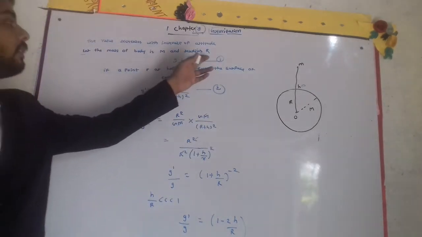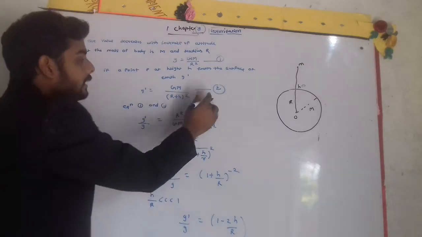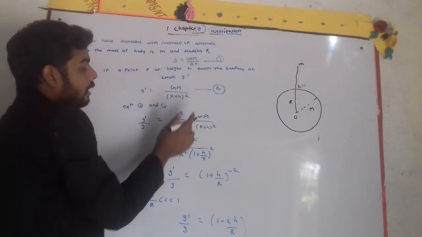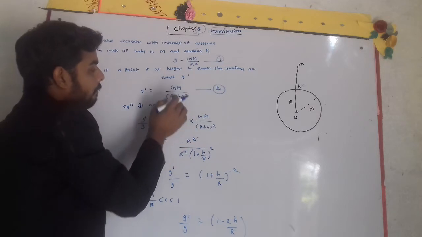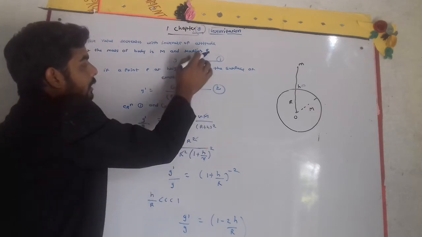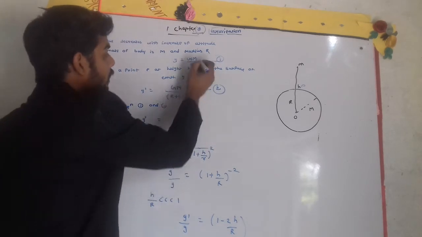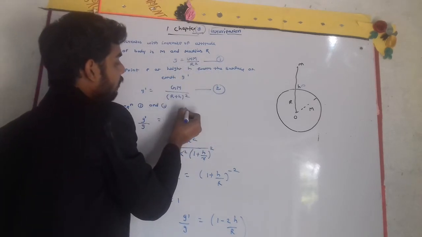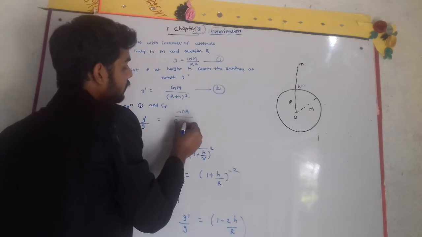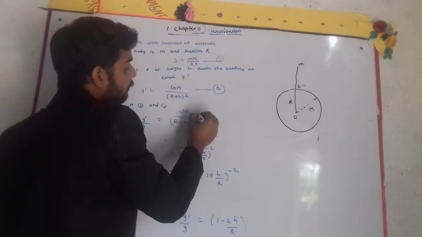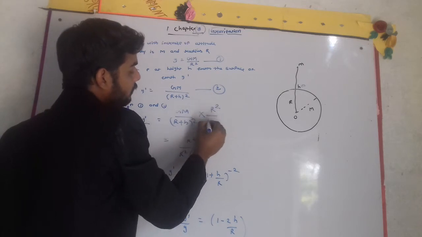Then by equation first and second, equation second is divided by first. g dash upon g equals GM upon (R plus H) square, multiplied by R square upon GM.